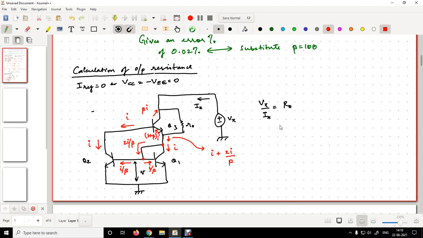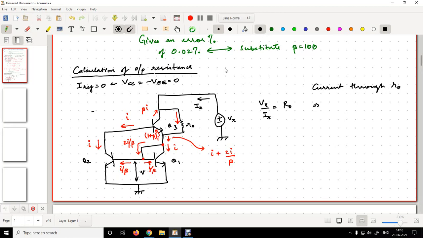Right. Now, if you look at the current through R naught, how will you get it?